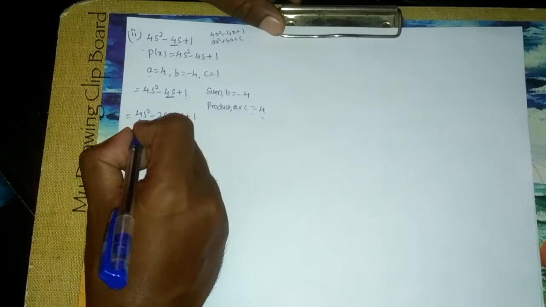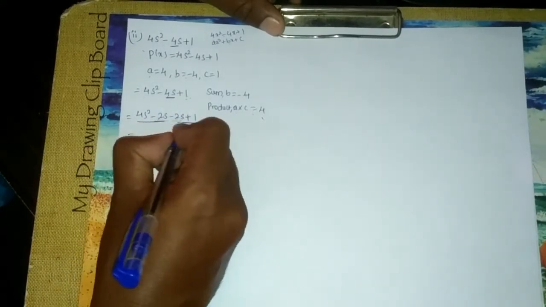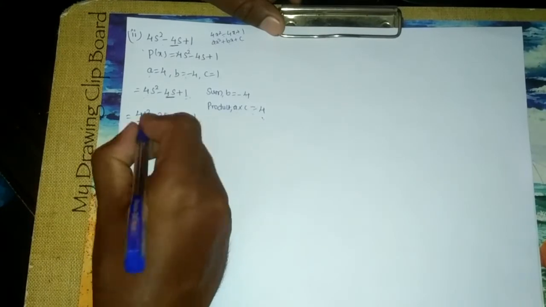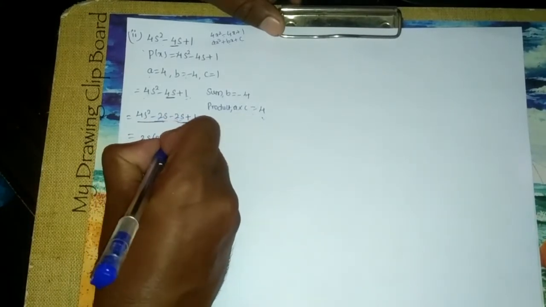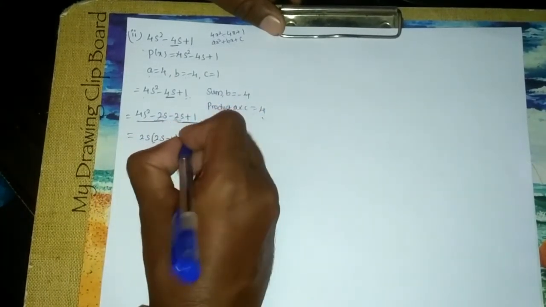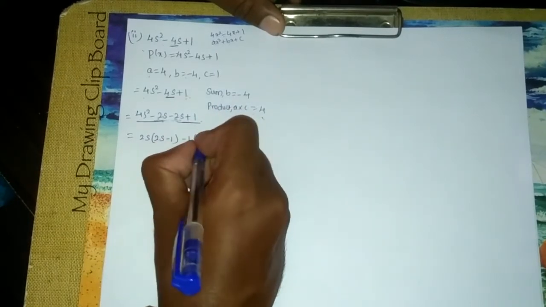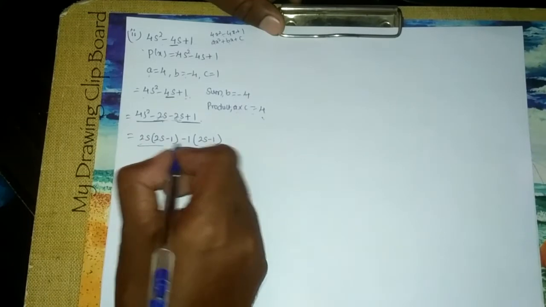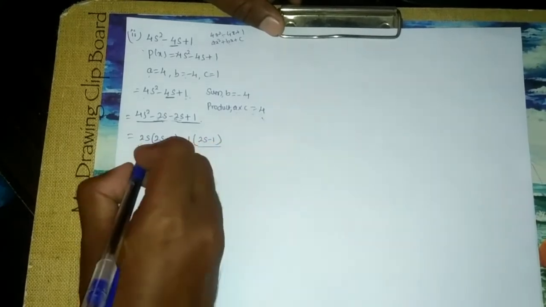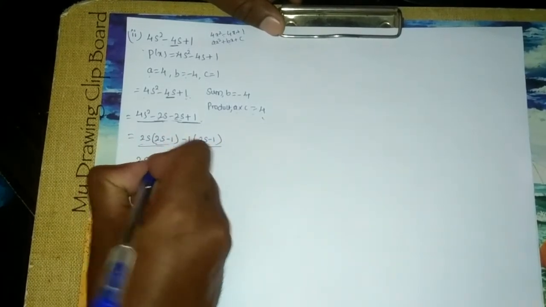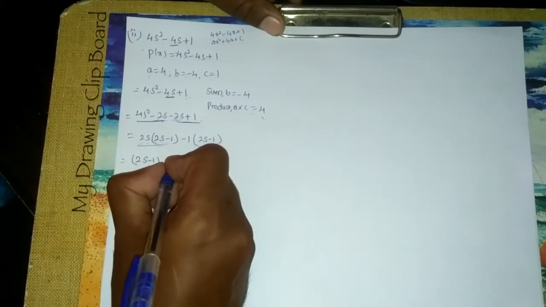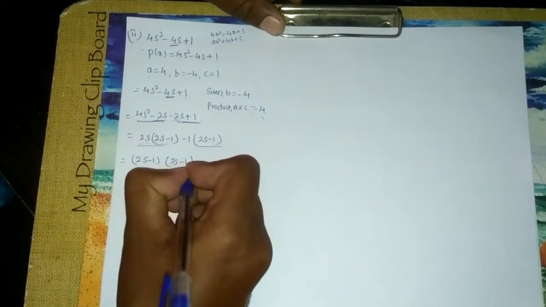So I can take common factors between these two terms and these two terms. 2s will be common, so I write 2s minus 1. Here I can take minus 1 as common, and I get in the bracket 2s minus 1. Again I can take 2s minus 1 as common, so 2s minus 1, and we are left with 2s minus 1.